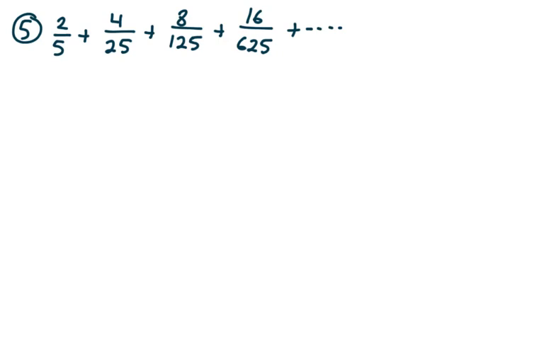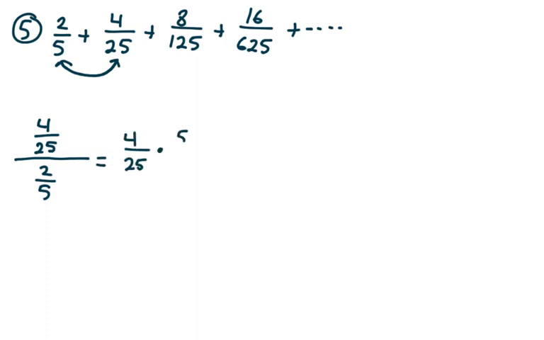Okay? Now, what I want to do is look at the common ratio. So if I have 4 over 25 and I divide by 2/5, okay? So this is 4 over 25 times 5 over 2. Now, this is 20 over 50, which is 2/5. Okay?